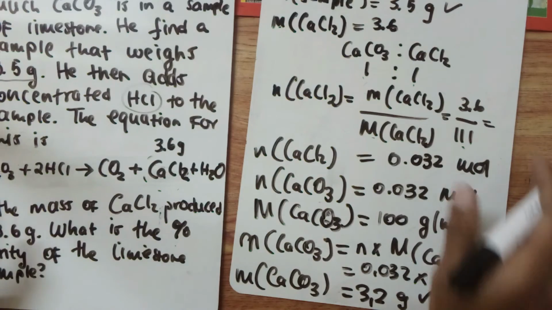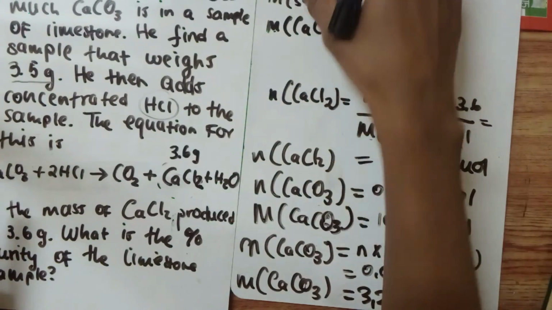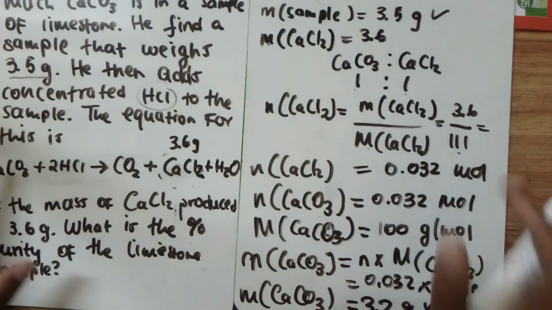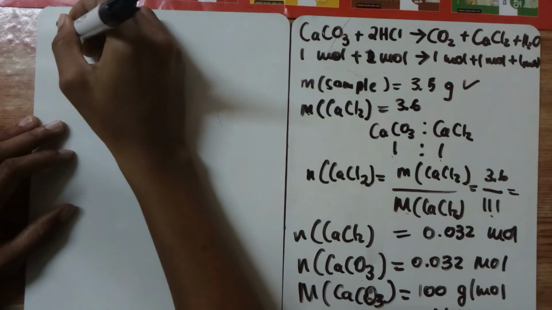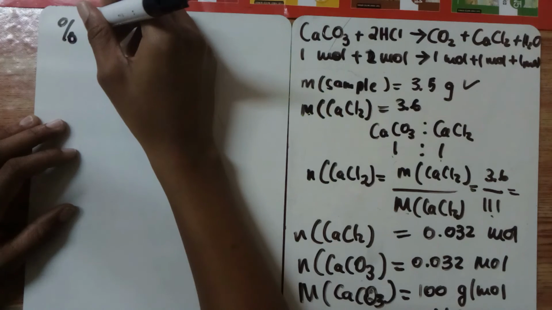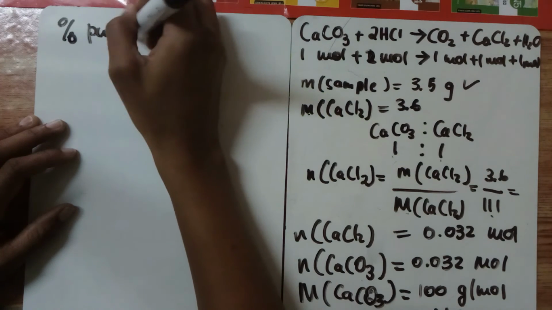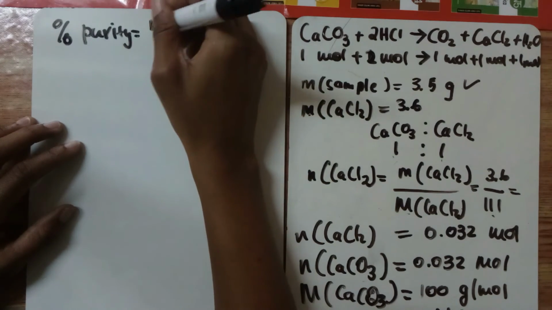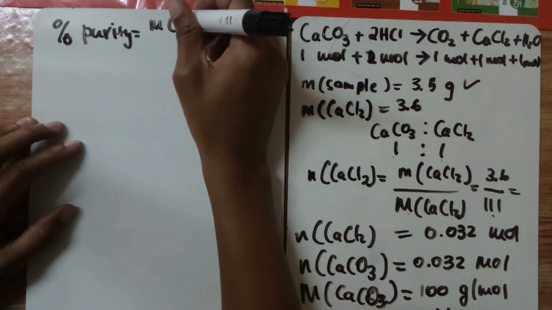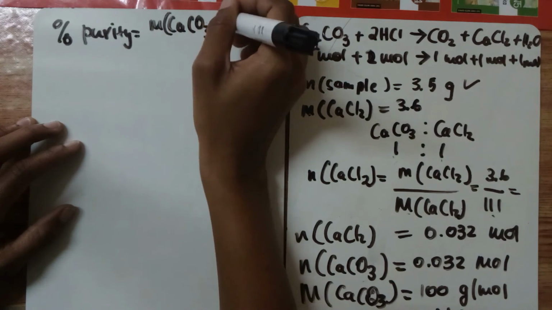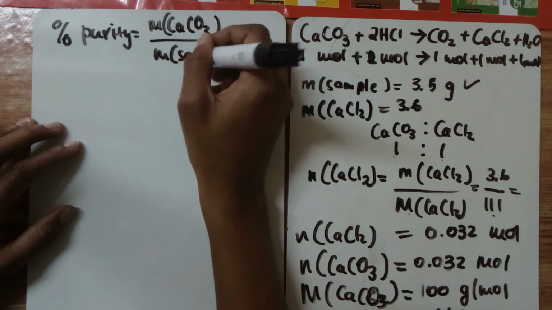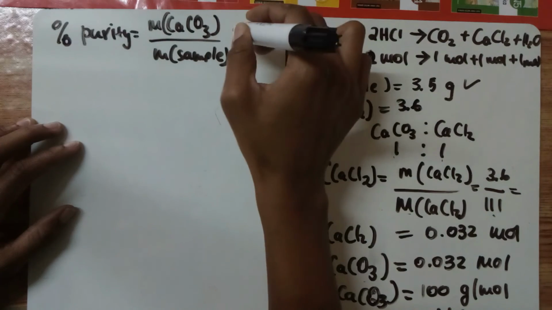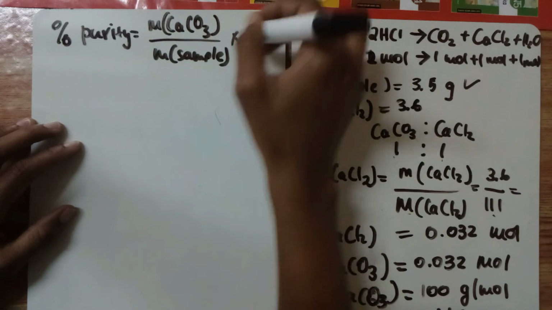So now we can use the formula for percentage purity: the mass of the compound, calcium carbonate, divided by the mass of our sample, and the entire thing multiplied by 100.